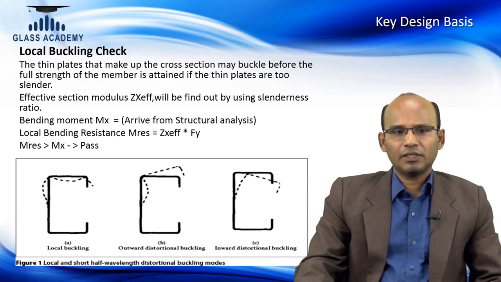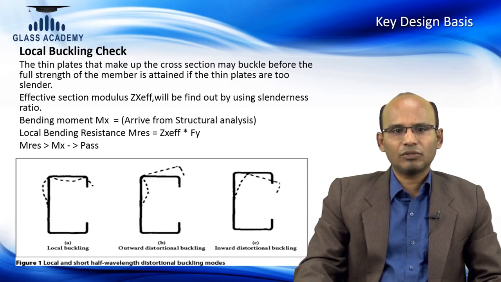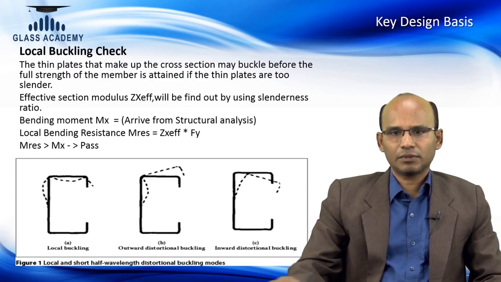It could fail in local buckling, or in overall buckling, or in a combination of local and overall buckling. So, there are detailed checks with various standards available to do the buckling check. The buckling check is critical on most of the facade systems.